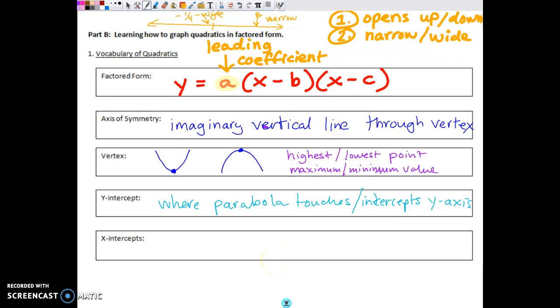And x-intercepts, you guessed it, where the parabola touches, intercepts the x-axis. The word intercept is like intercepting a football. We're going to touch it, we're going to take it away, right? All right, so that's the vocabulary.